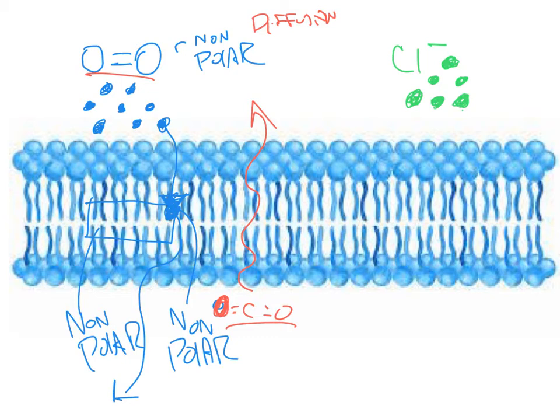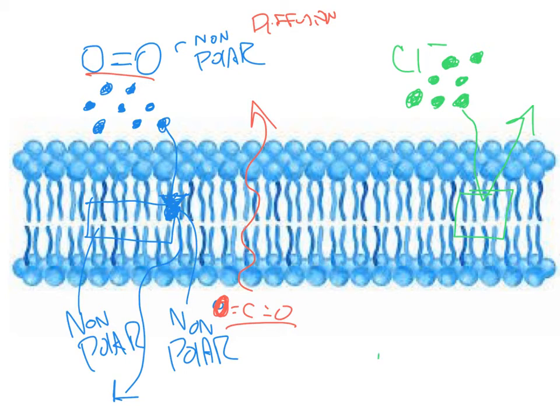Chlorine is very, very polar, so it cannot go in through the membrane. It gets to this hydrophobic region and it is too attracted to the polar regions here. So chlorine, even though you have a concentration difference, is not going to diffuse through the membrane.